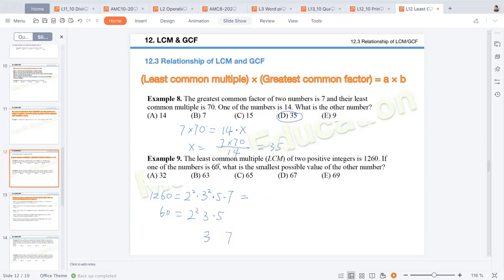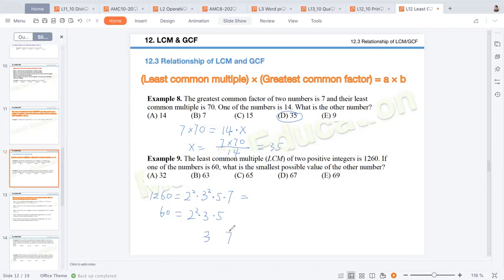Yeah, Emily gave me the right answer. So now, step one. I just use prime factorization to get the prime factors of 1260. So I get 2 squared, 3 squared times 5 times 7 equals this big number.